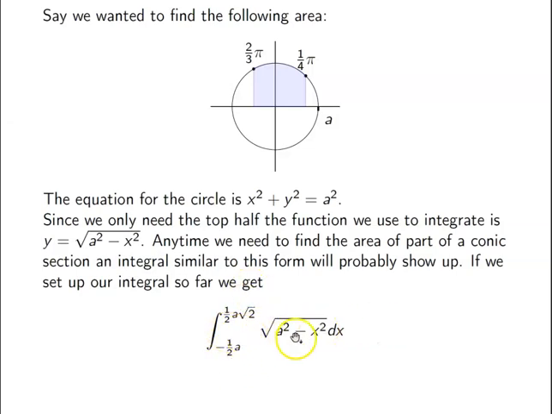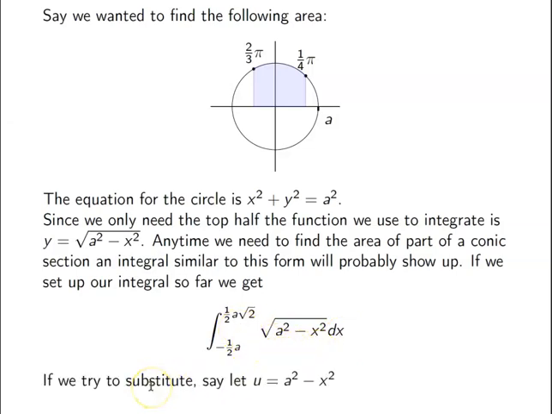Now, if you look at this, if you try to do this straight away, this does not look very nice, and it's not very nice, right? If I try to use, let's say, u is a squared minus x squared, that's not really going to help me because once I take that derivative, I'm going to have an x value inside of that derivative for du, and there's no x functions on the outside here, so there's nothing that's going to help me with that, right?